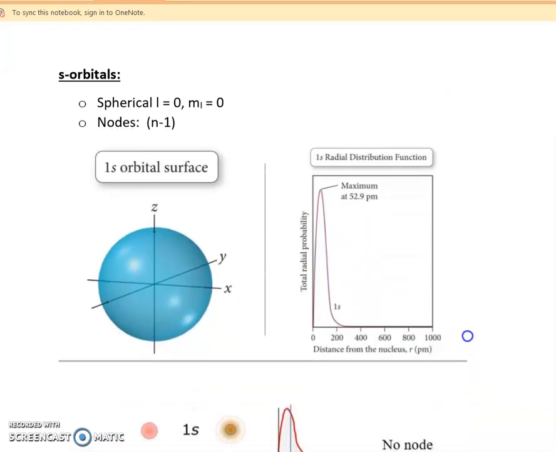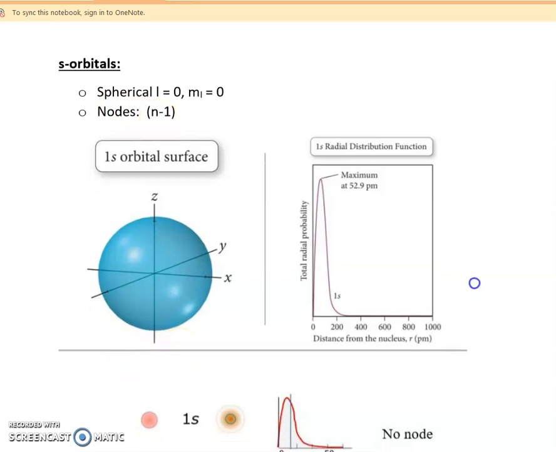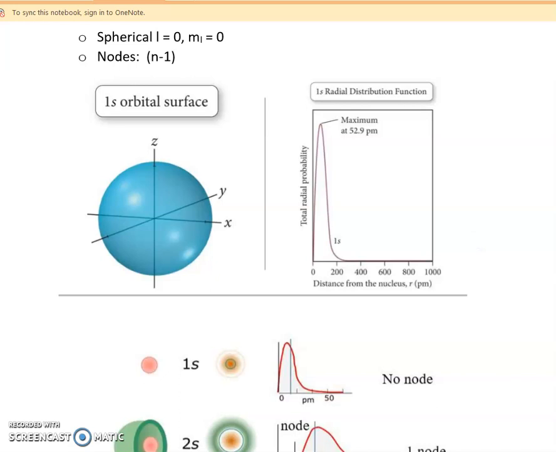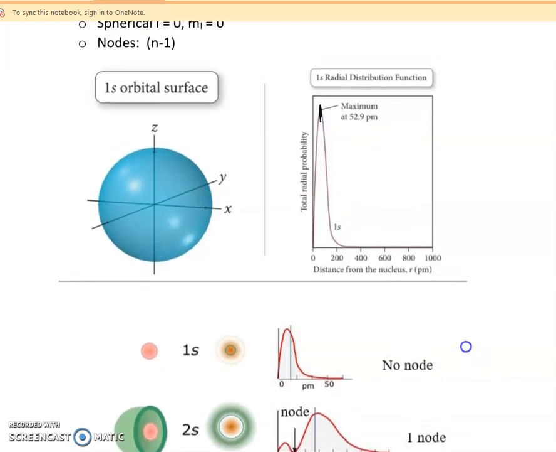So let's go back to our s orbitals. There's a few more things I'd like to point out. So here is a contour plot again, and we know that the shape is spherical. We've already gone over the radial distribution function. And here is the maximum distance over here, and we actually give you a value here, 52.9 picometers.